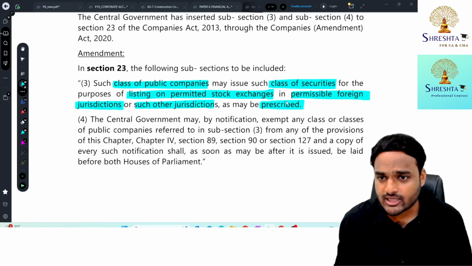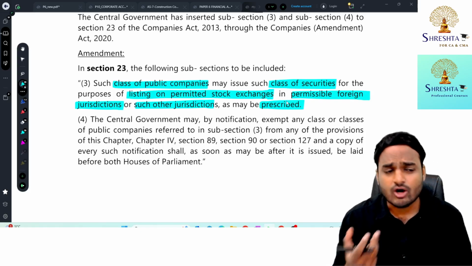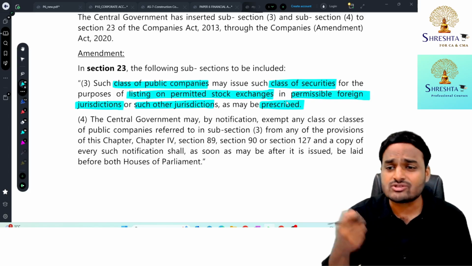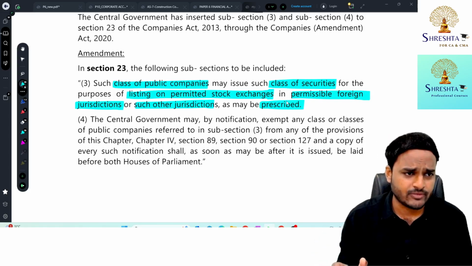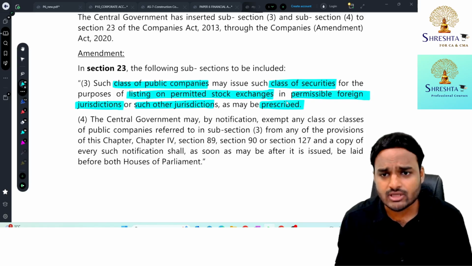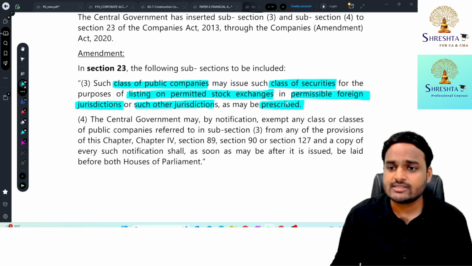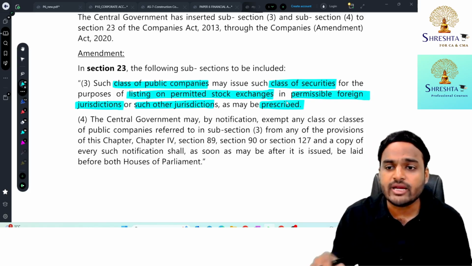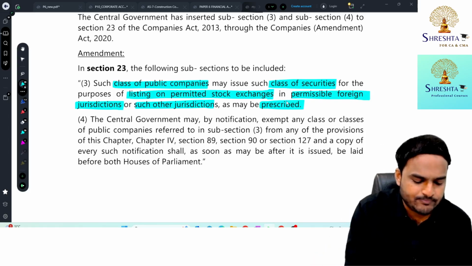Such class of public companies may issue such class of securities, maybe equity shares or preference shares or convertible debentures or convertible preference shares, non-convertible preference shares, non-convertible debentures, whatever it may be. The central government has the power to prescribe such class of public companies and such class of securities. Why? For the purpose of listing on permitted stock exchanges in permissible foreign jurisdictions.